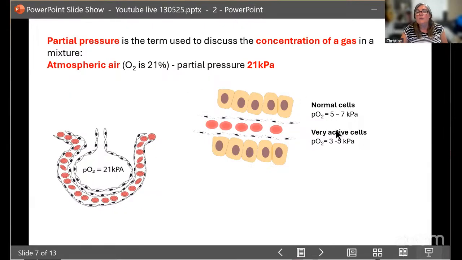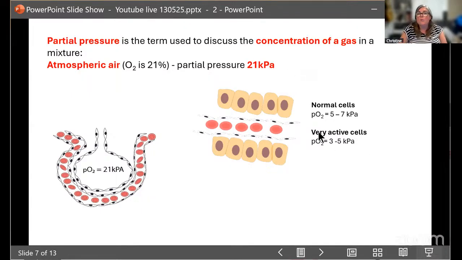If your cells are very active because they've been doing lots of respiration, the oxygen, which is the last electron acceptor at the ETC, is going to decrease. Remember, partial pressure is about the concentration of a gas. So the concentration of that gas has decreased because it has accepted the electrons and is now being converted into water.